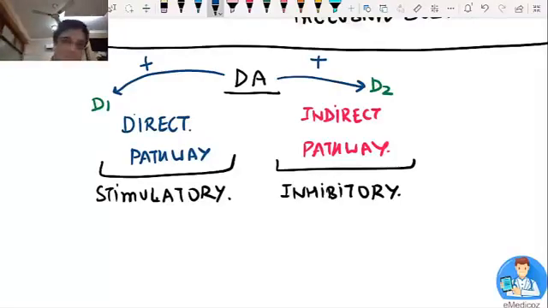If the D1 receptor is stimulated, which pathway will work? The direct pathway. That means I want to do an activity, so I require a direct pathway. I don't want to stop. So can you tell me, what is this D2 receptor going to do for me?